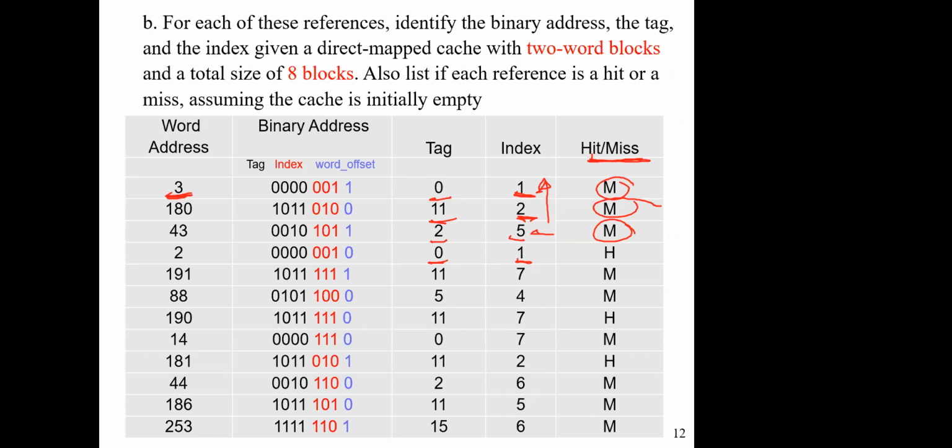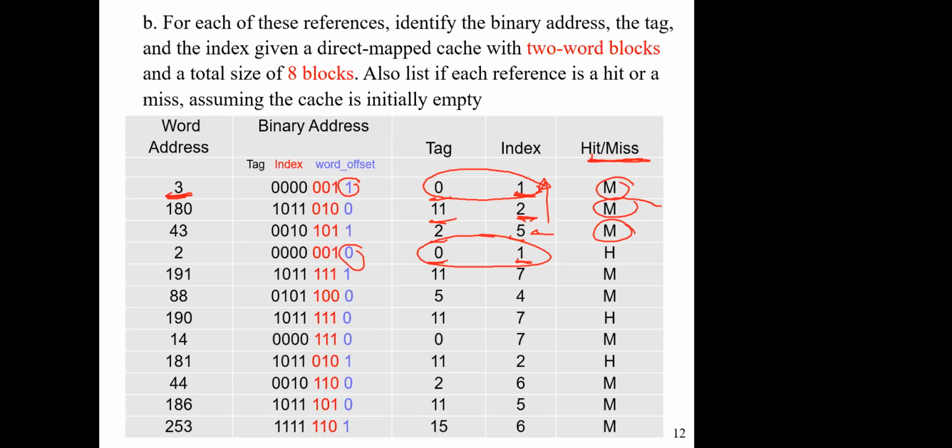This gives an indication that if we have the same floor number and the same tag, it means that we hit. So if you brought the same tag and the same index earlier, I will hit. And if you look at this 1 and 0, you find that 1 and 0 was already brought earlier, even if the word offset is different.